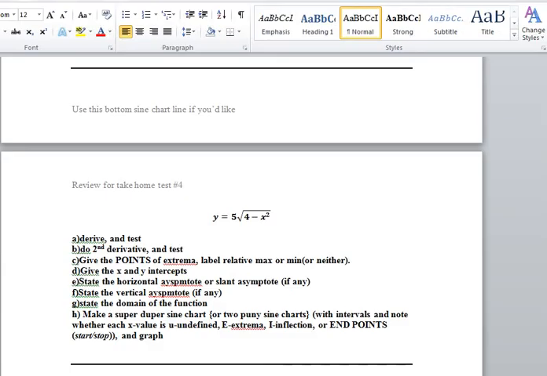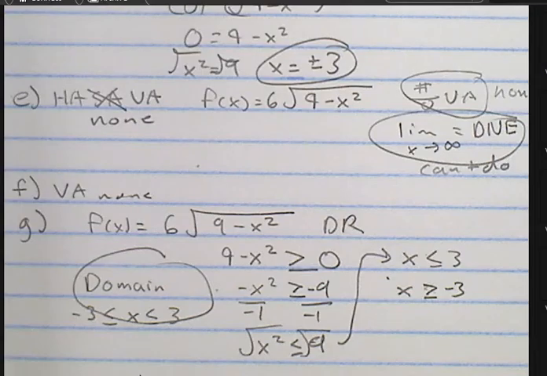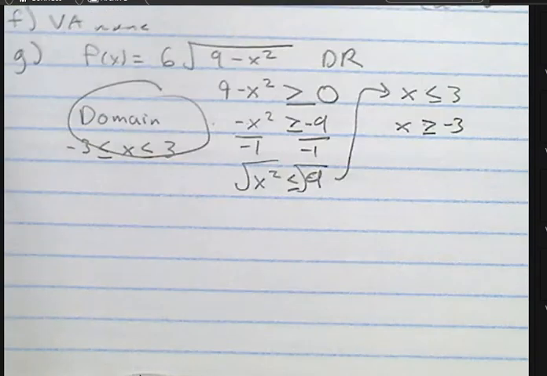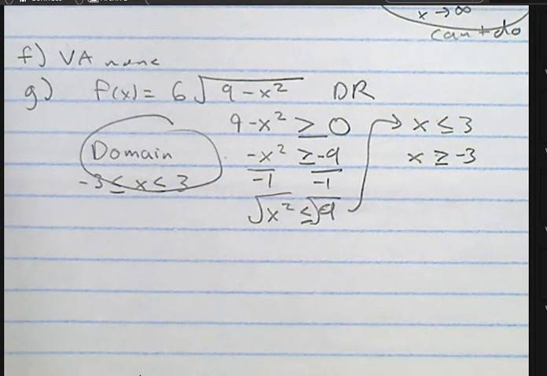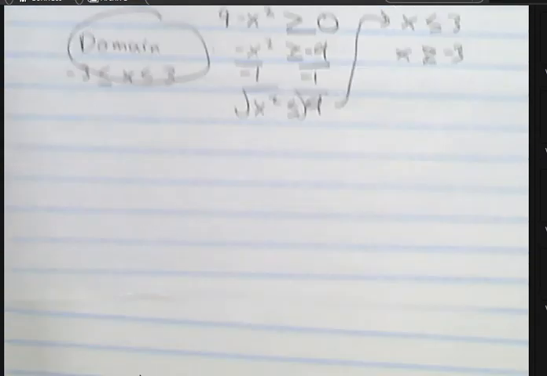Alright, and then we're going to label our sign chart as we should. Okay? And I'll make printouts of all this stuff. Okay? Now, G is as such.